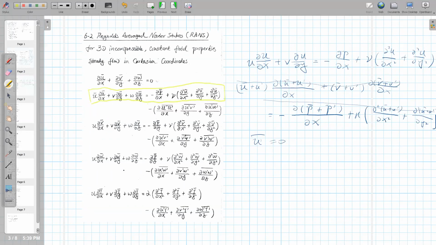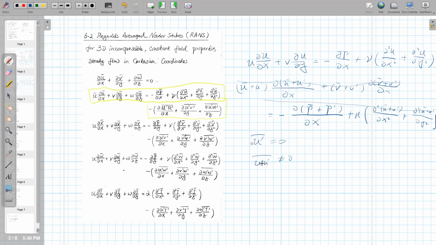But we will have an additional term here. This additional term is the average of u prime times u prime, the average of u prime times v prime, the average of u prime times w prime. The average of u prime equals 0, but the average of u prime times v prime is not equal to 0, because this averaging means the correlation between these two.